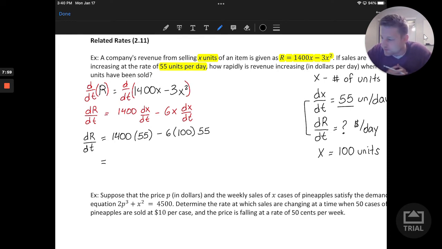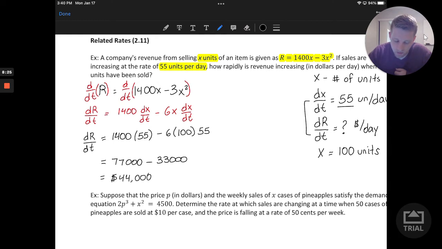And when we do the evaluation for the dr/dt, we should get 77,000 for that first product, minus we'll have a 33,000 for the second product, which will give us a total of $44,000.